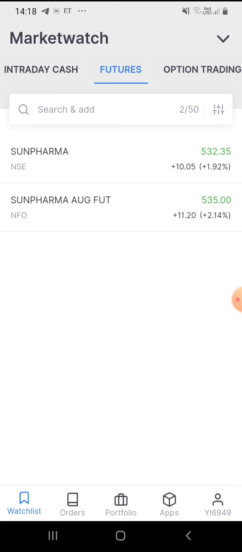But in futures and options, the disadvantage is that the minimum quantity is the number of shares specified in a lot. For example, in Sun Pharma we cannot buy 1000 shares for futures and options. We have to buy minimum 1400, or multiples of 1400, like 2800, 4200, 5600. Minimum 1400 is mandatory.